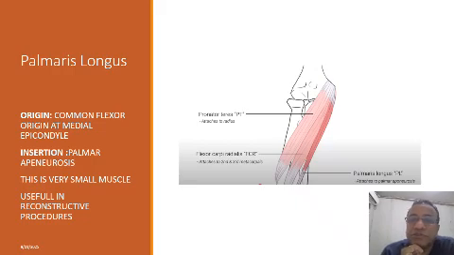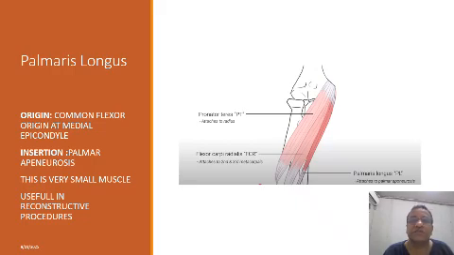The next muscle is palmaris longus. We abbreviate it as PL. It's a very small muscle lying just medial to the FCR, flexor carpi radialis, and it also originates from the medial epicondyle.